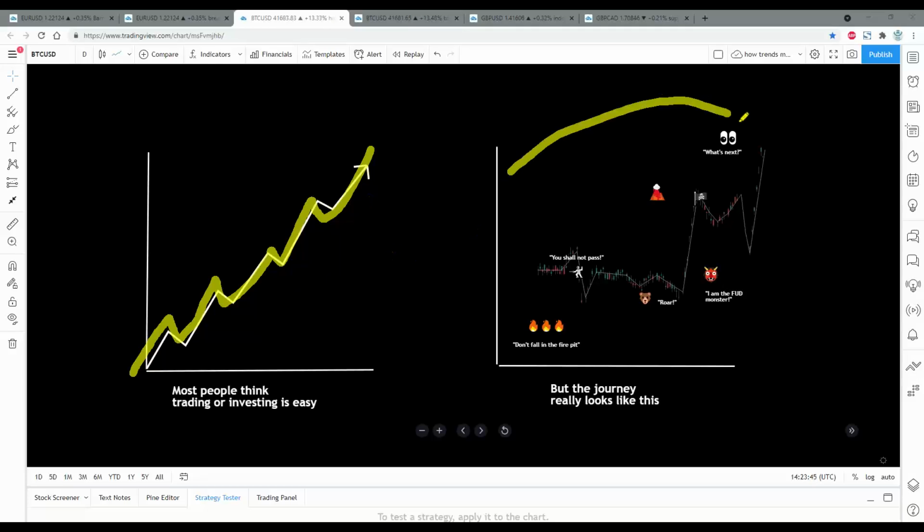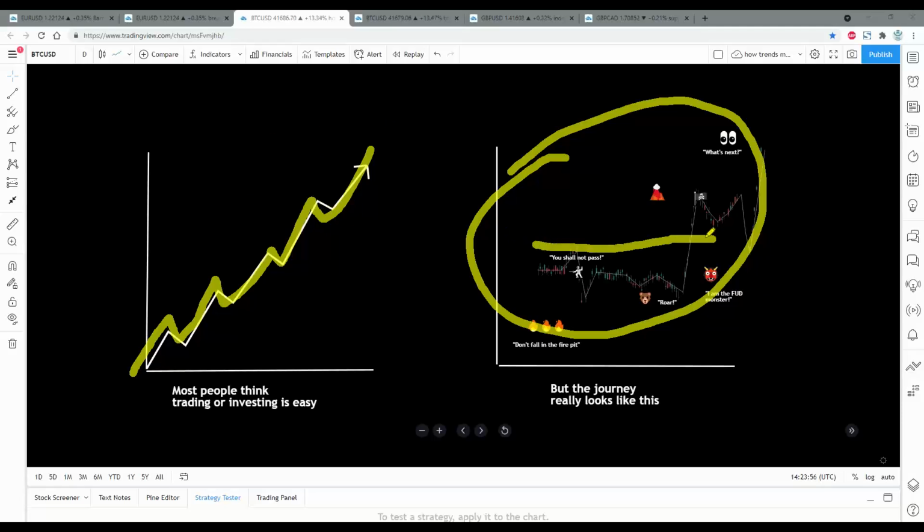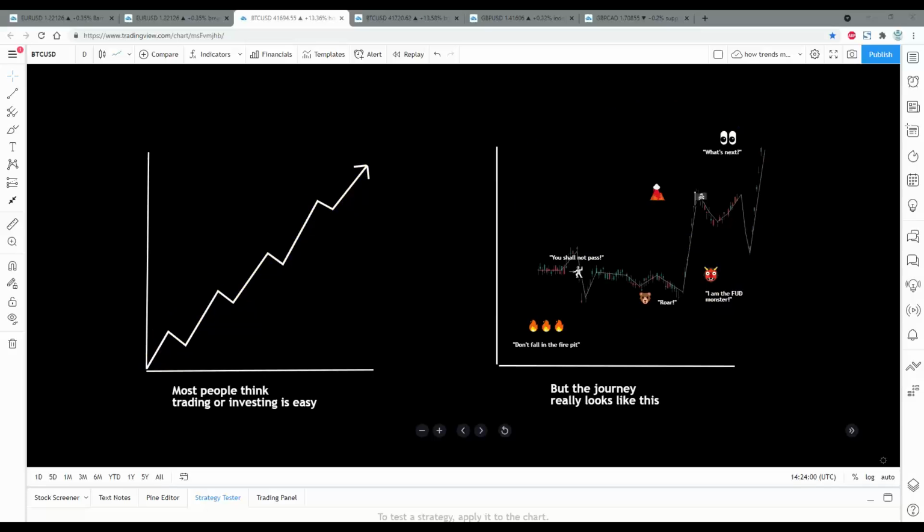But the fact of the matter is, this is what the market actually looks like. So it's very easy to teach from that, but it's very hard to trade from this. And this is what we have to interpret in order to decide what is happening out there, to risk our money and to make educated trades.